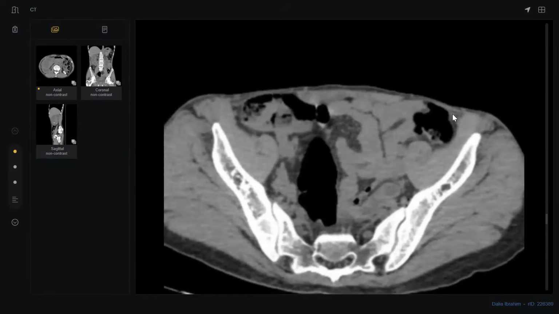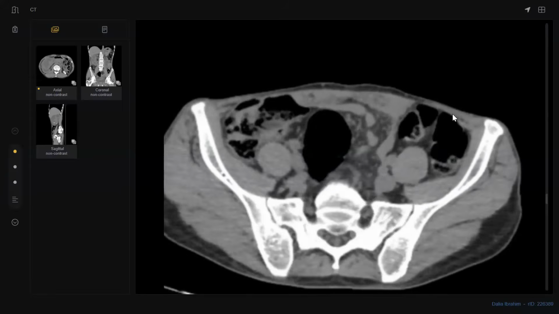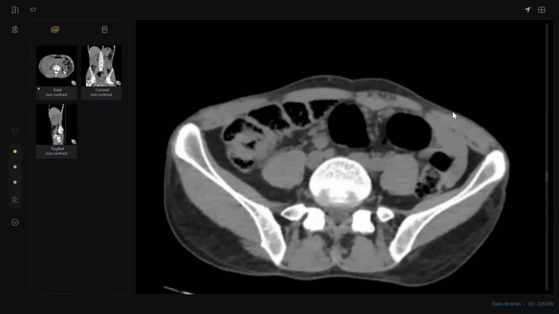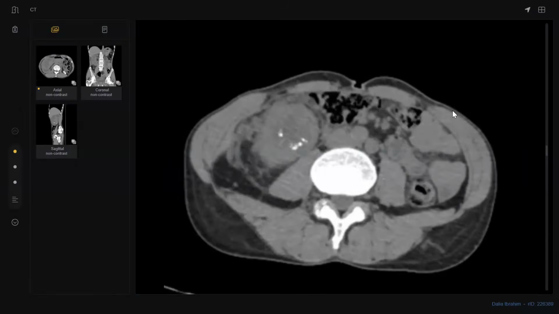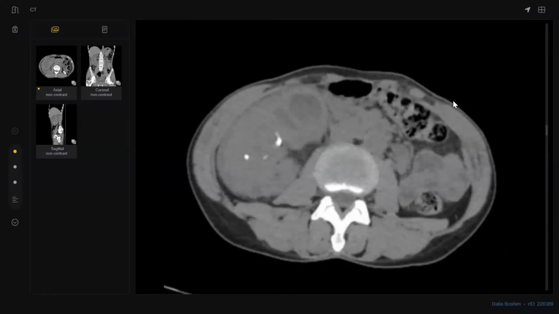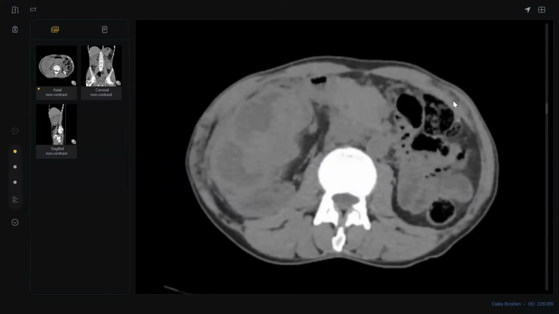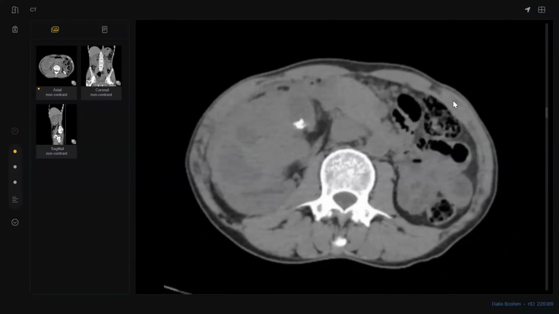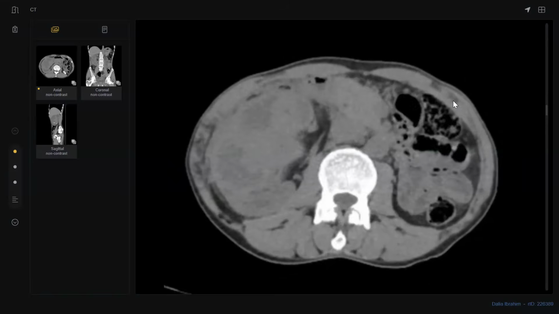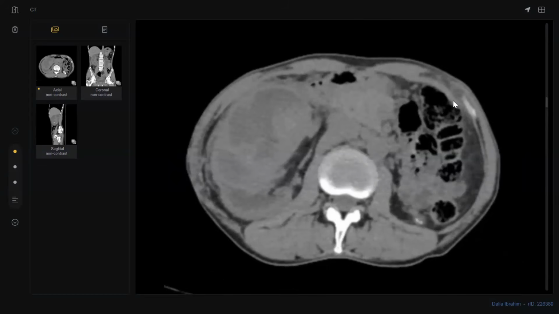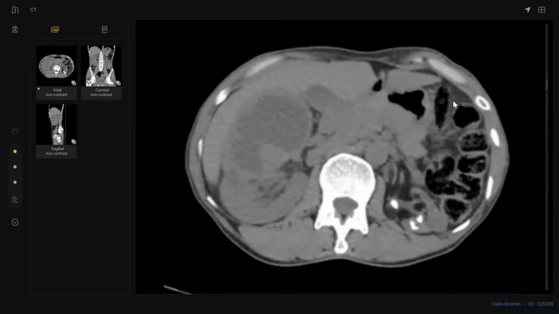So I will go to the area of the kidneys. I can see the right kidney is the seat of a large heterogeneous lesion. It shows multiple high-density stones with marked dilatation of the renal calyces.